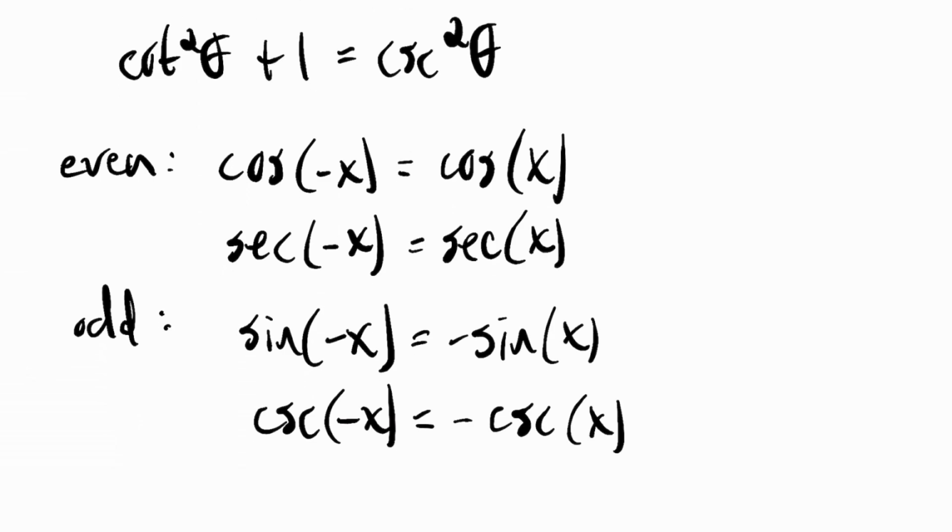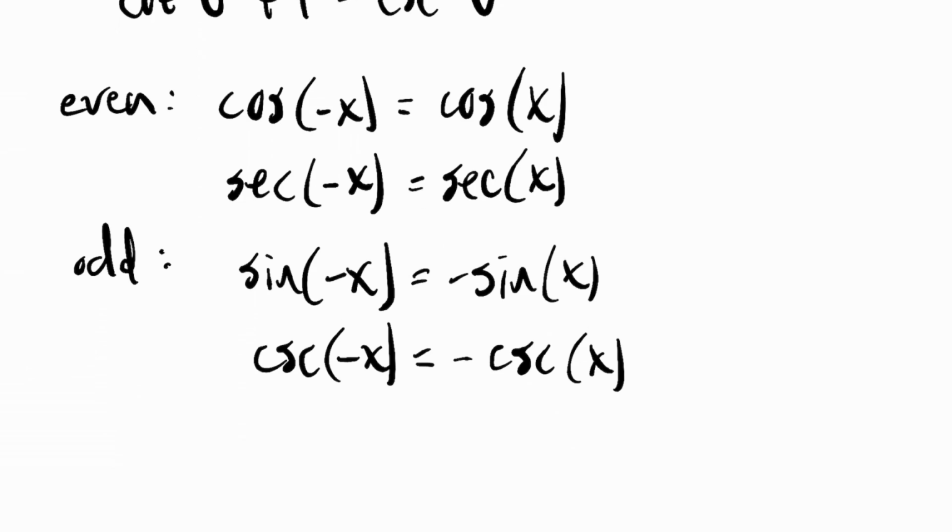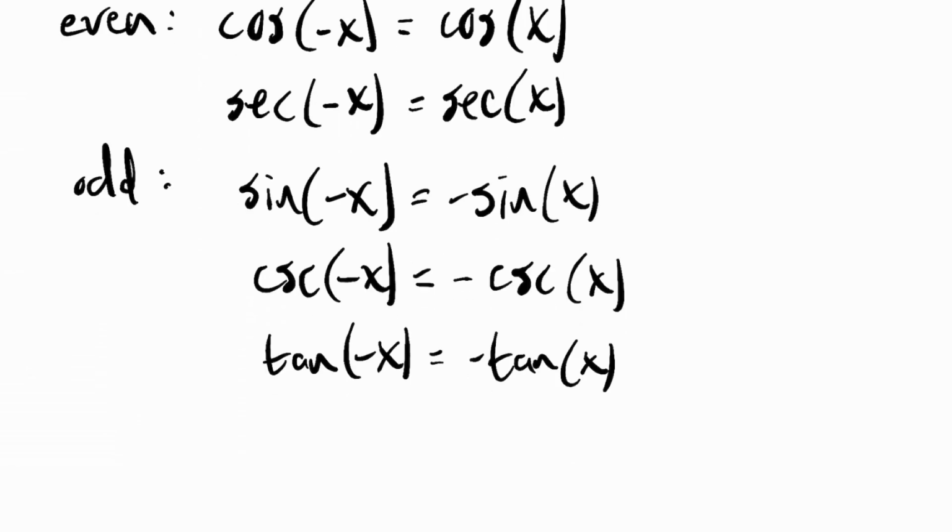If you check this by replacing cosecant with 1 over sine, you find that the two sides are equal. Then tangent is also odd, so tangent of negative x equals negative tangent of x, and cotangent of negative x is also equal to negative cotangent of x. Those are the even-odd identities.